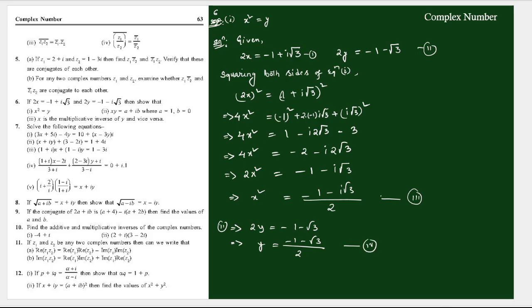From 3 and 4 we can say that x square is equal to y. Both are minus 1 minus i root 3 by 2. We have shown it. Now let's proceed to question number 2.